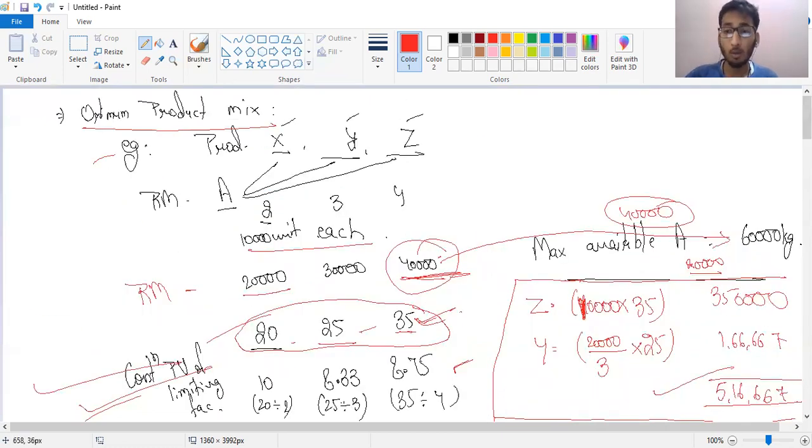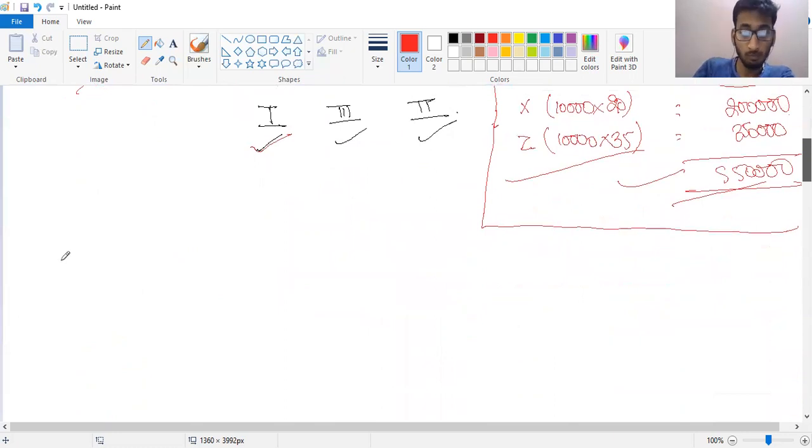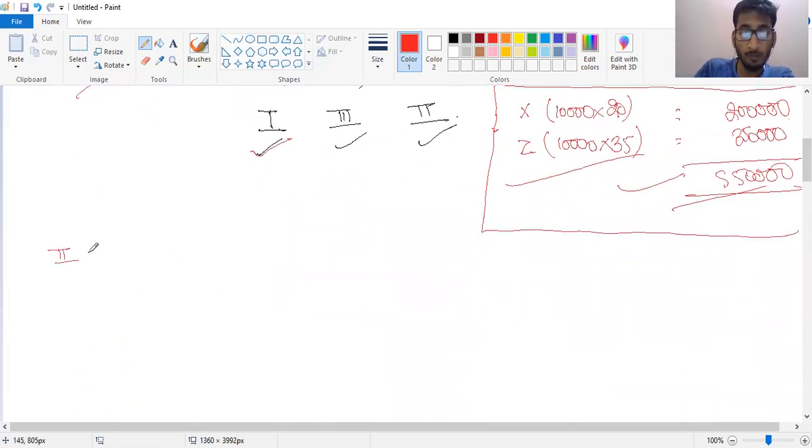Now, a second thing could also be there. In this example, only one thing is in limitation: raw material only. But the second thing could be that two or more things are in limitation.